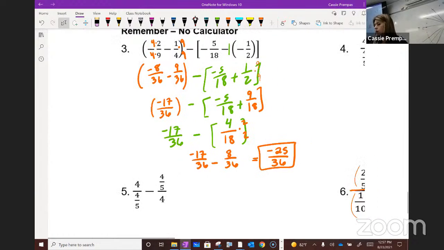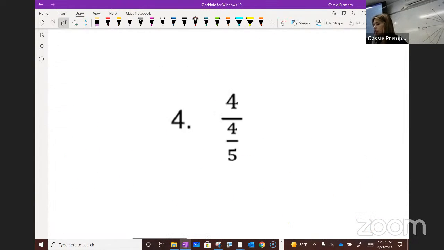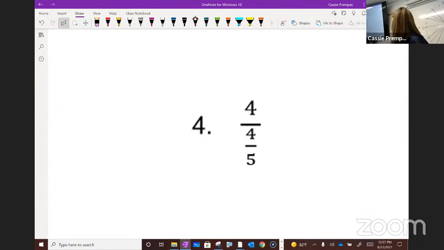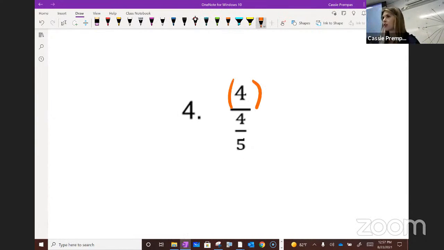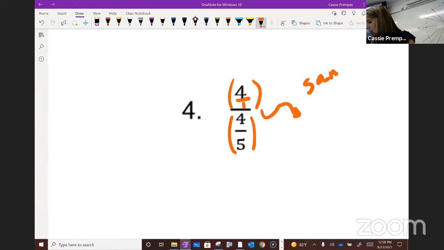All right, on to number 4. Number 4, again, I'm dividing 2 rational numbers, fractional numbers. Wait a minute, how could 4 be written as a fraction? 4 over 1, awesome. So right now I have 4 over 1 divided by 4 over 5. Review from Algebra 1, this is the same thing as taking 4 over 1 and writing it so that we're dividing by 4 over 5.